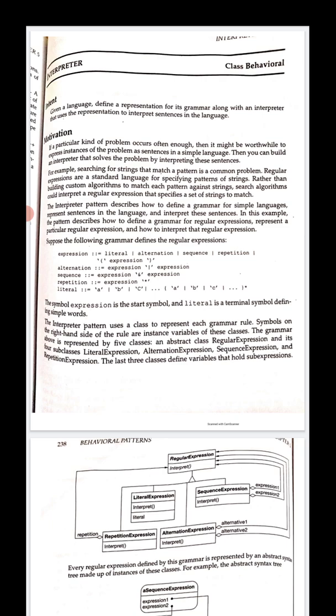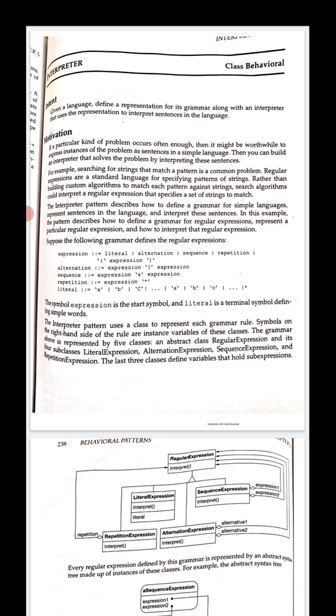Suppose we take the following grammar to define the regular expression. An expression can be a literal, or an alternation, or a sequence, or a repetition. Alternation means giving expression | expression. Sequence means giving expression followed by expression. Repetition means giving expression followed by an asterisk.